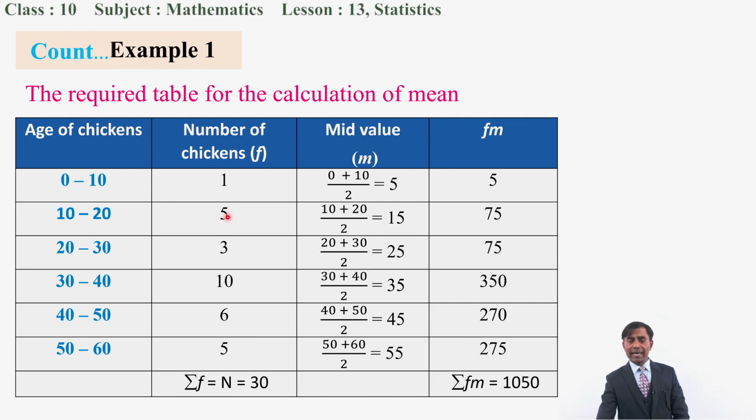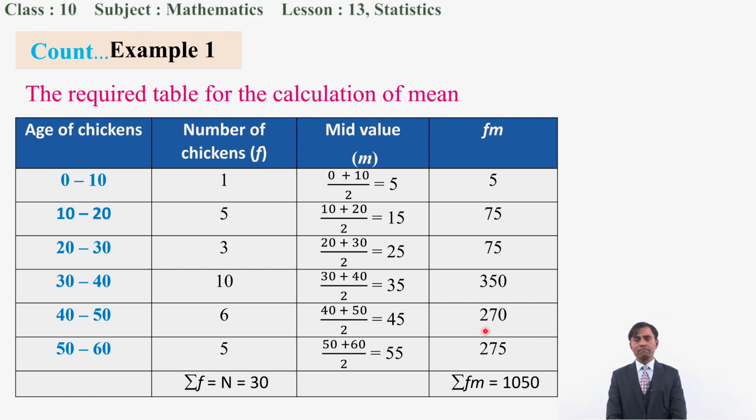Second, frequency 5 multiplied with mid value 15, 5 times 15 is 75. Third, frequency 3 multiplied with 25, and the result is 75, and so on. 10 multiplied with 35, 6 multiplied with 45, 5 multiplied with 55, and the results are written here in the column of FM.